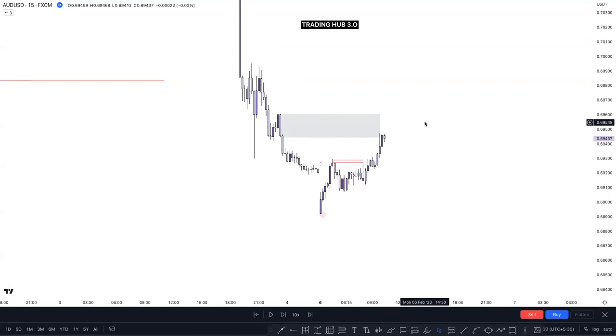But if you are using H1 as a higher time frame, then you can use 5 minute for entry, and if you are using 4 hour as a higher time frame, then you can use 15 minute as an entry time frame, right? It depends on you, whichever time frame suits you.